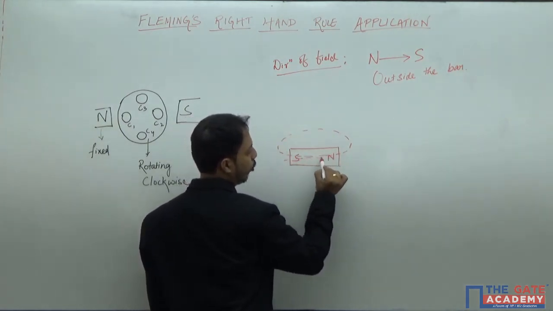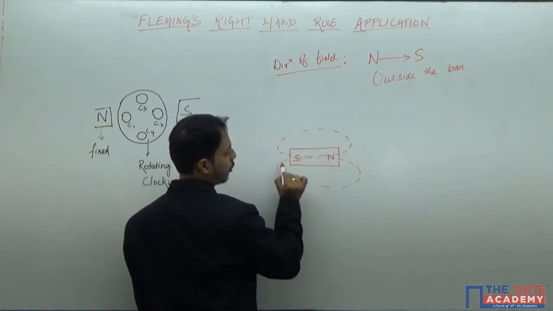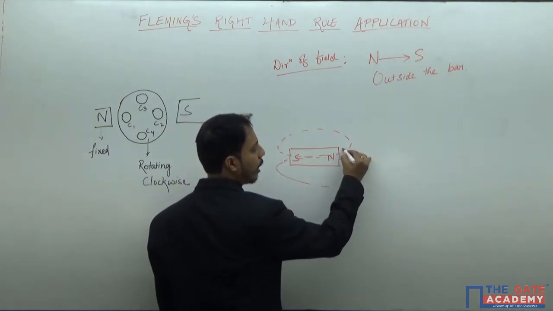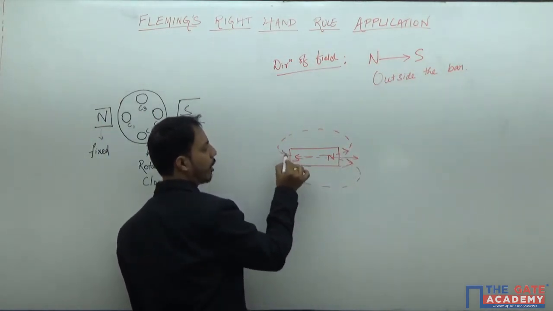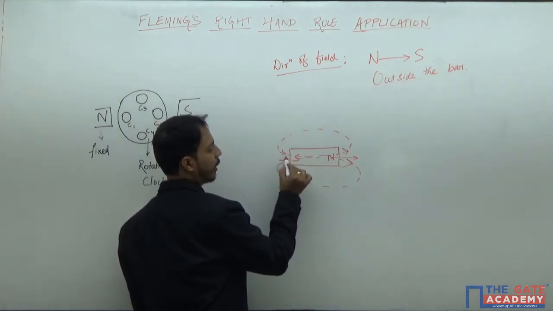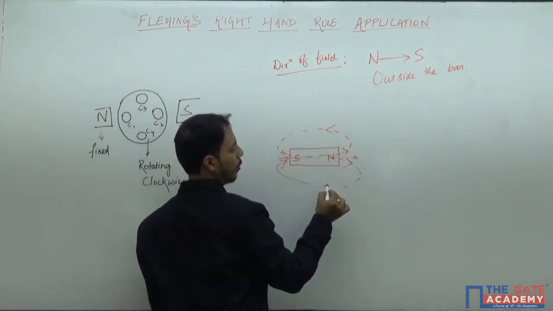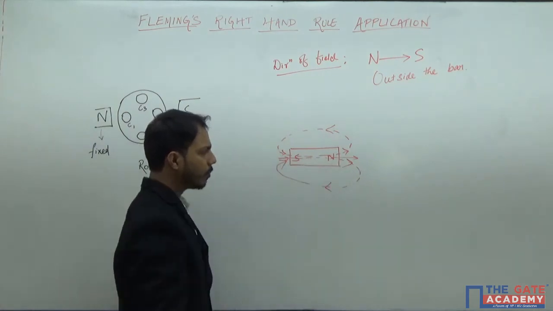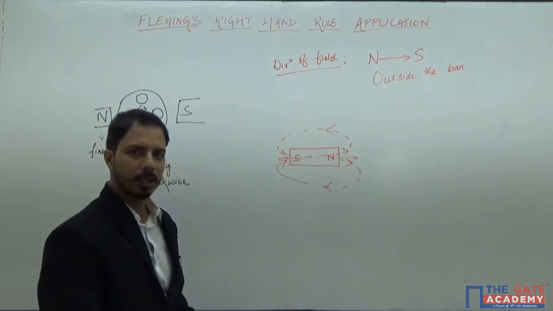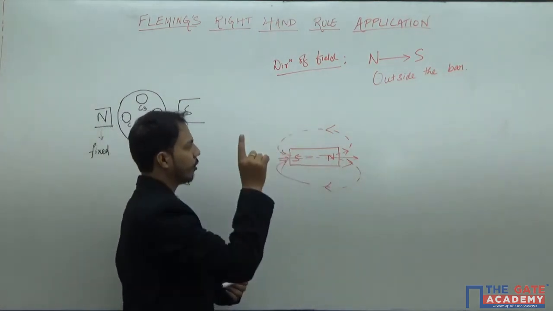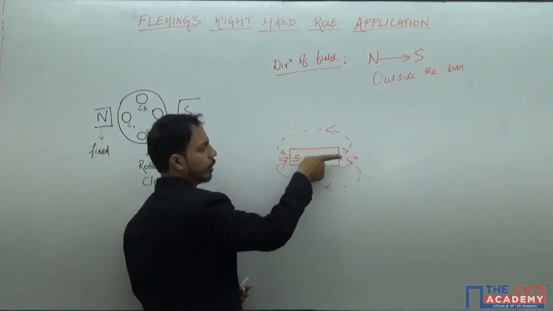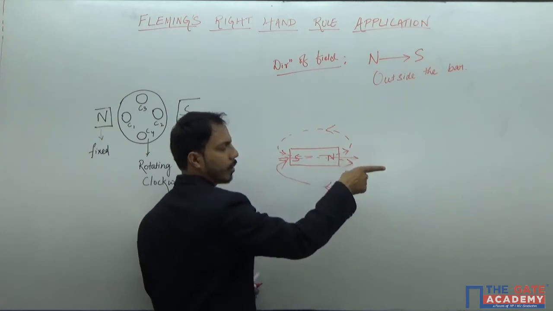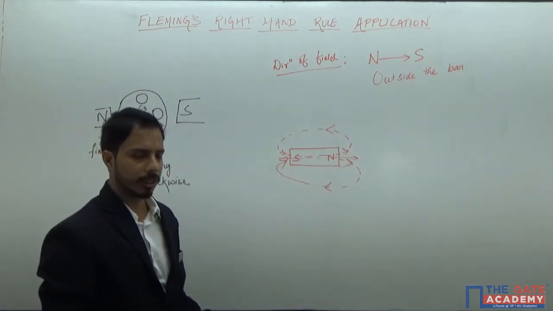Fields are always in closed loops. The field will come out from this place and come inside the bar in this direction. So my first finger will be in this direction, because it is coming out from the bar here.